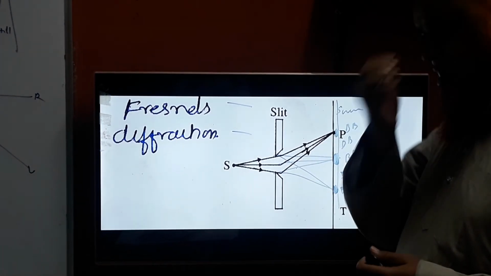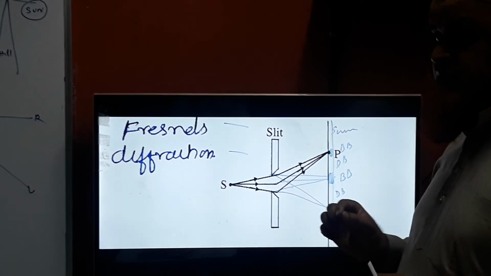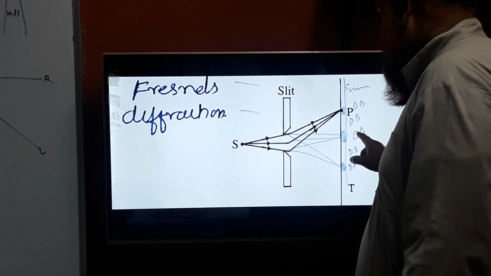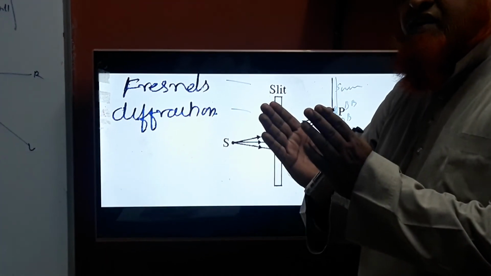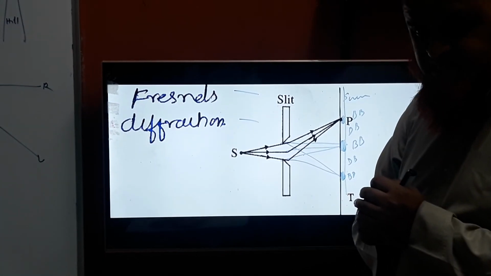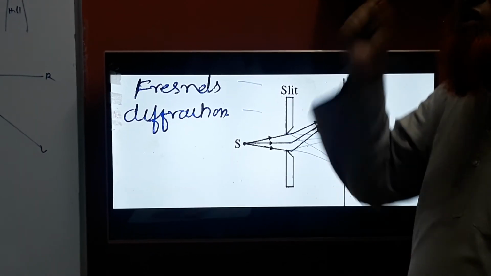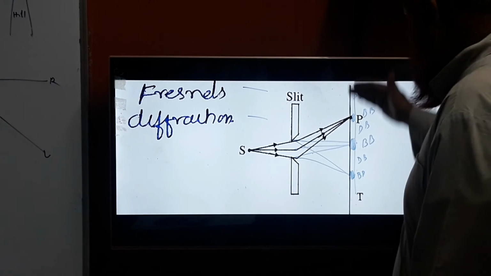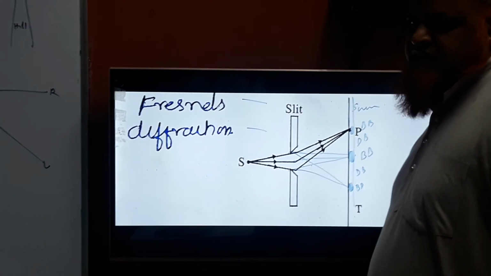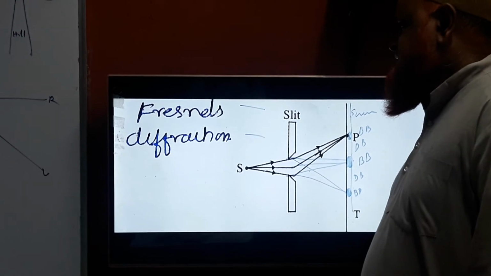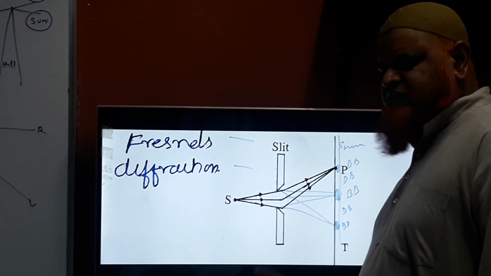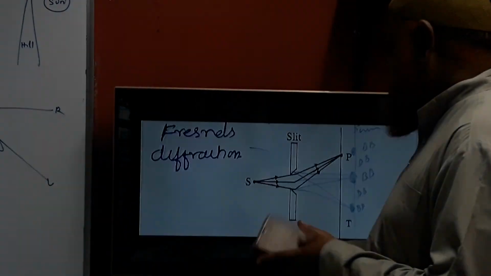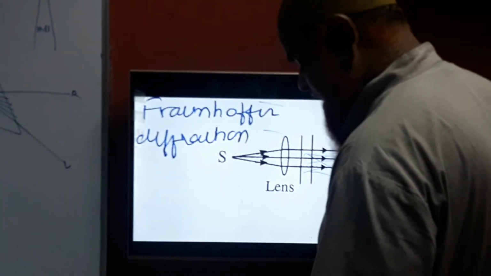It is applicable only when the source and screen are at a finite distance. But the pattern of diffraction is not at all clear. You can't see a clear pattern of fringes. That is a demerit here, and because it has a lot of demerits, it is not considered. So the main diffraction pattern which was considered is the Fraunhofer diffraction pattern.